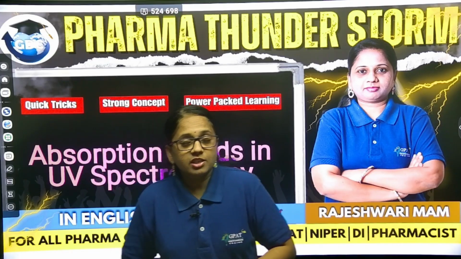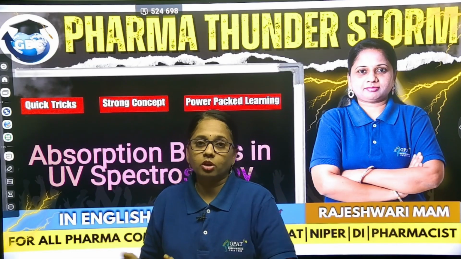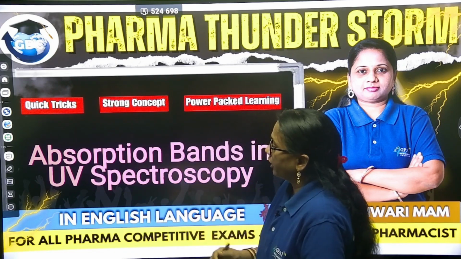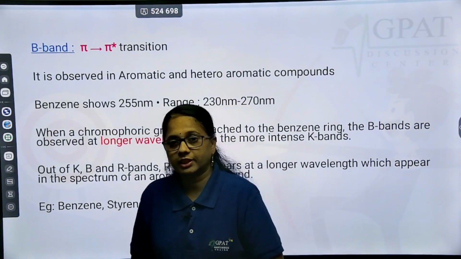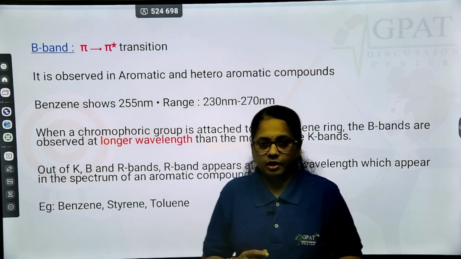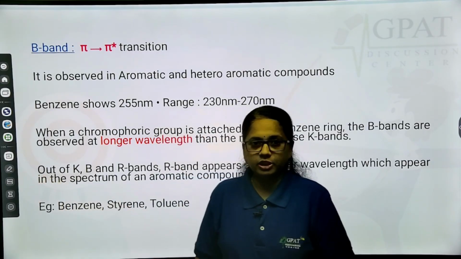And in these electronic transitions, there are different types of electronic transitions possible. Like you already know about the different types of transitions in UV spectroscopy. That means sigma electrons, n electrons and pi electrons are present in the molecules.